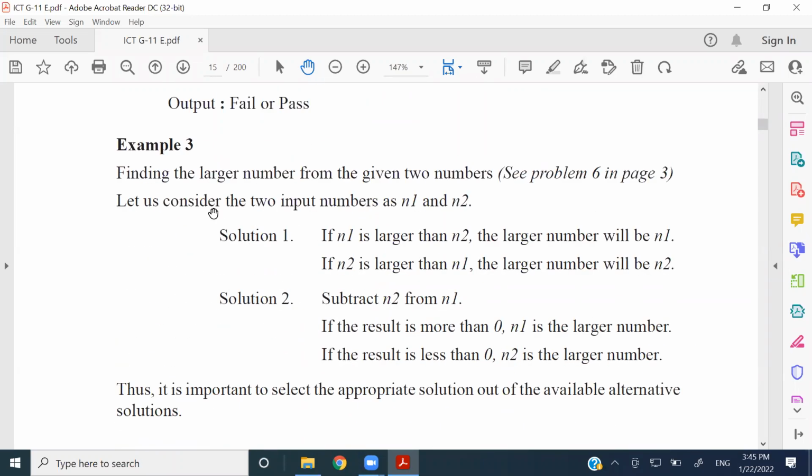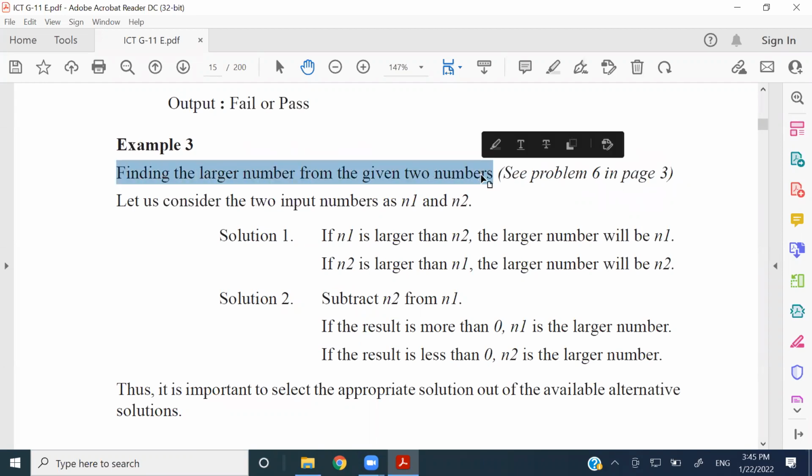And in the third one, finding the larger number from the given two numbers, right? So you are asked to give two numbers. They consider those two numbers as N1 and N2. These N1 and N2, these kinds of things are called variables in programming. Without taking N1 and N2, you can consider the first number as X and the second number as Y. Since we don't know which kind of numbers the user is going to input, right?